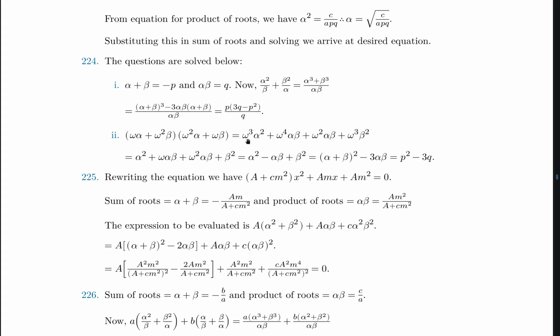Omega cube in first and last terms would be 1, so it will become alpha square plus beta square. Over here we substitute omega cube is equal to 1, so it becomes omega alpha beta and omega square alpha beta. So these two, when you combine, will become minus alpha beta. So we have alpha square minus alpha beta plus beta square, which is equal to alpha plus beta whole square minus 3 alpha beta, which is equal to p square minus 3q.